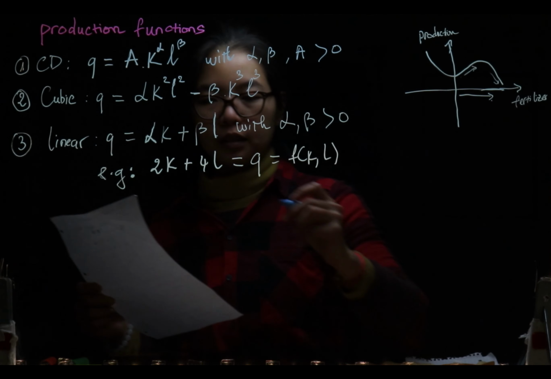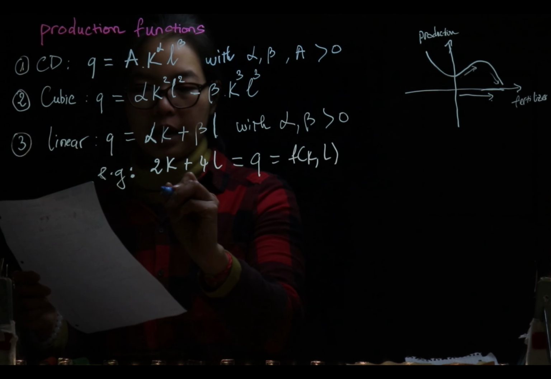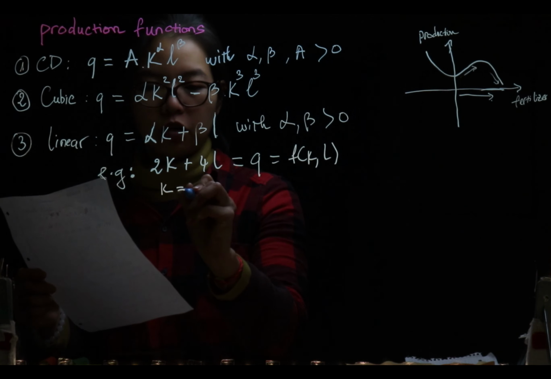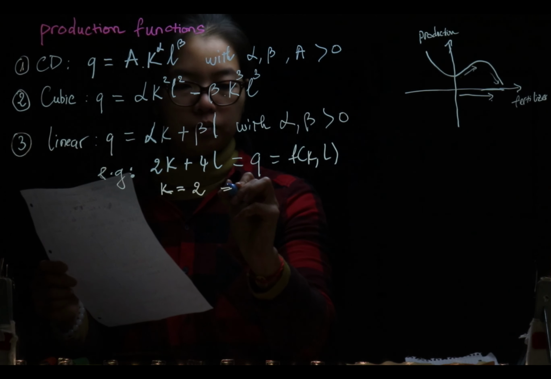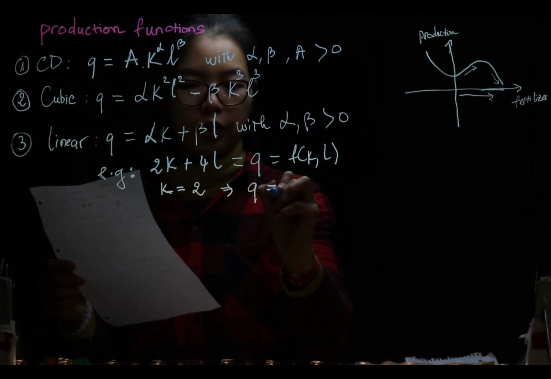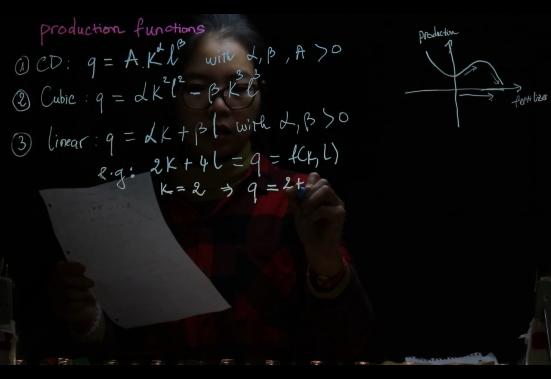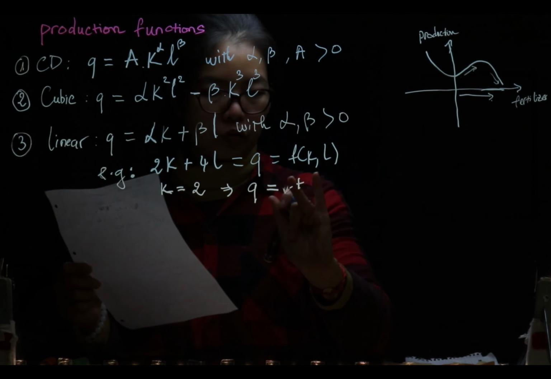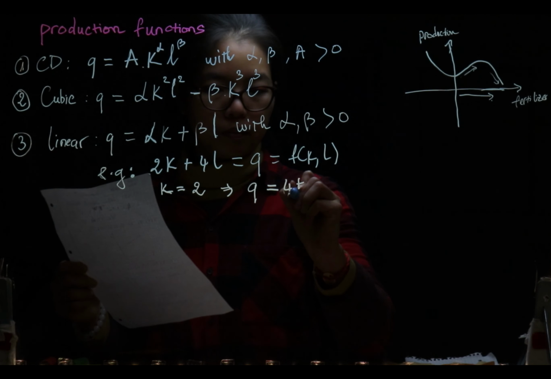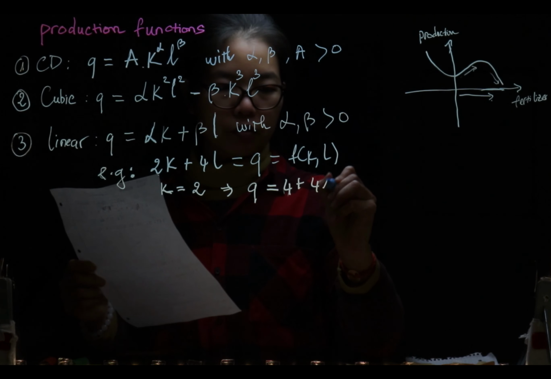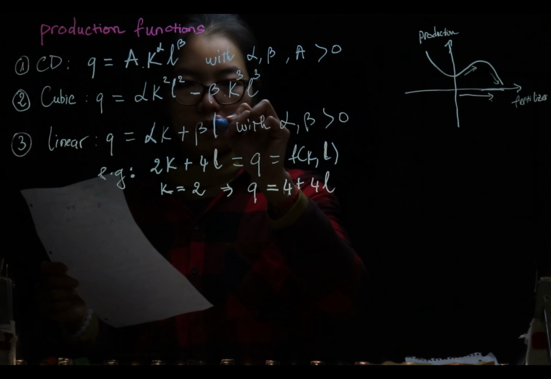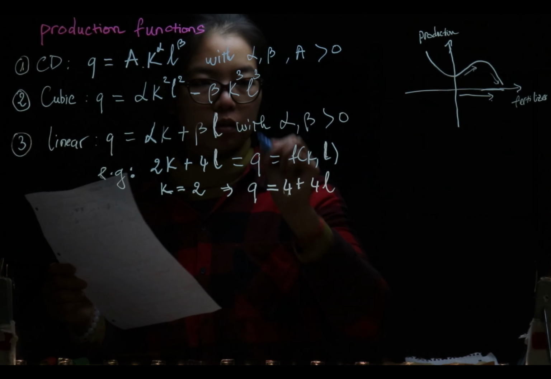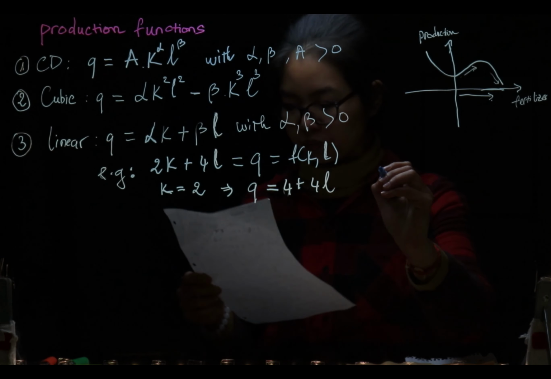How would it look like? Now imagine we fix K equal to 2. So that will be Q equals 4 plus 4L, right? I have to practice writing the L, it will be a little bit different, not to confuse it with something else.